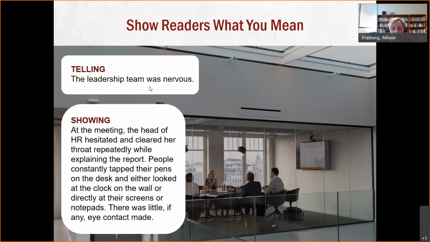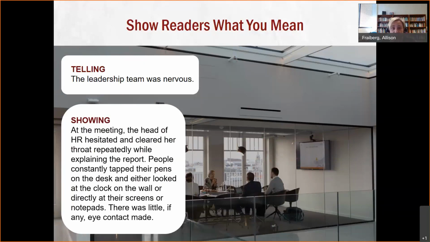Okay, now if we go to the head of HR hesitated and cleared her throat, those are signals you're hearing that lead you to think that someone's nervous. People tap their pens when they're nervous, so you're hearing that and you're seeing that. And they're looking at the clock on the wall because they want the time to go by, because they're nervous and they just want this to be over.